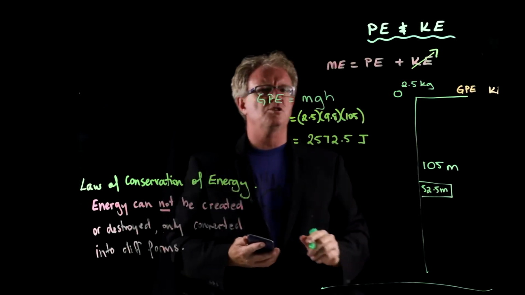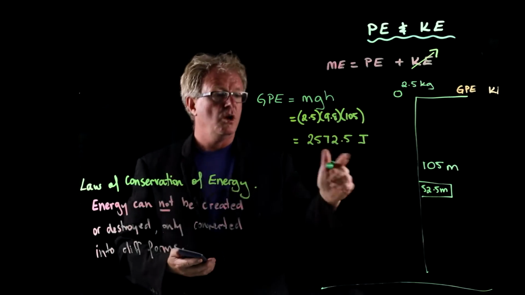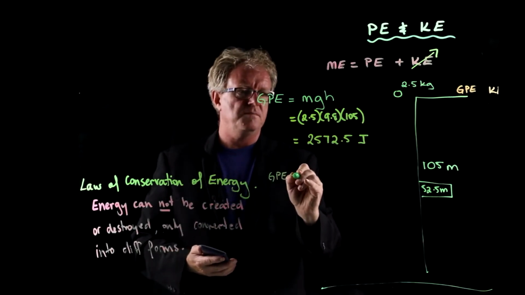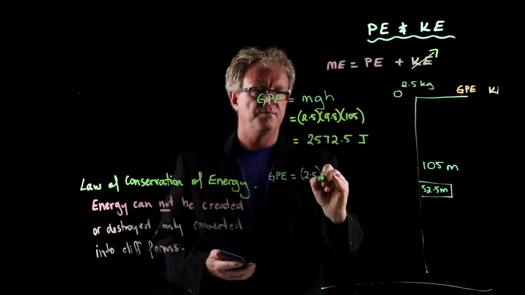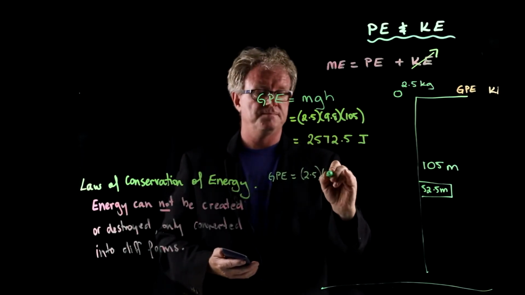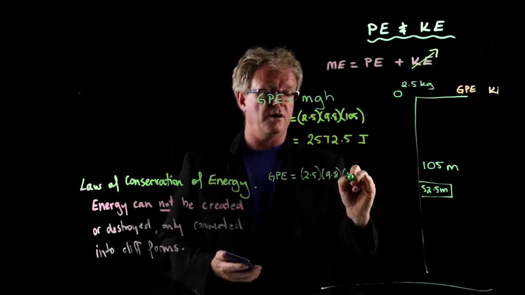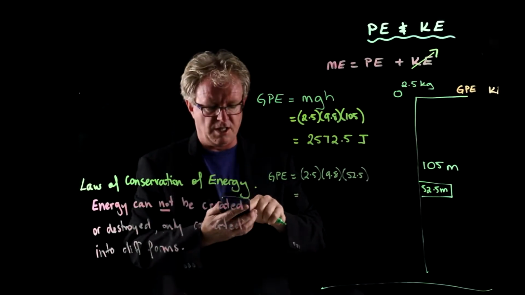So what's the gravitational potential energy at 52.5 meters? Well, let's work it out. So we know the gravitational potential energy is equal to its mass, which is the same, 2.5, times 9.8, but now the height is 52.5. What is it? Let's check it out.